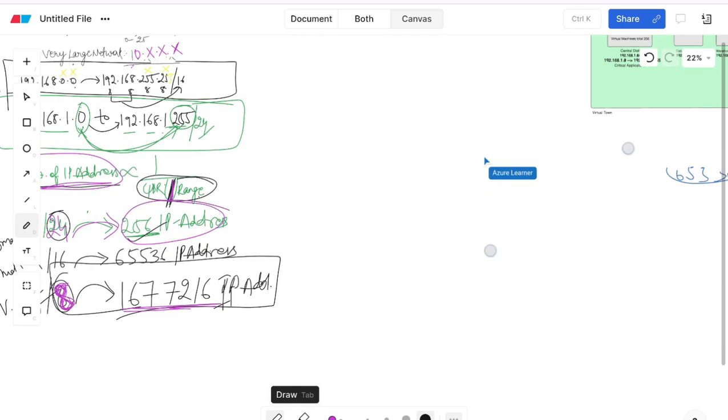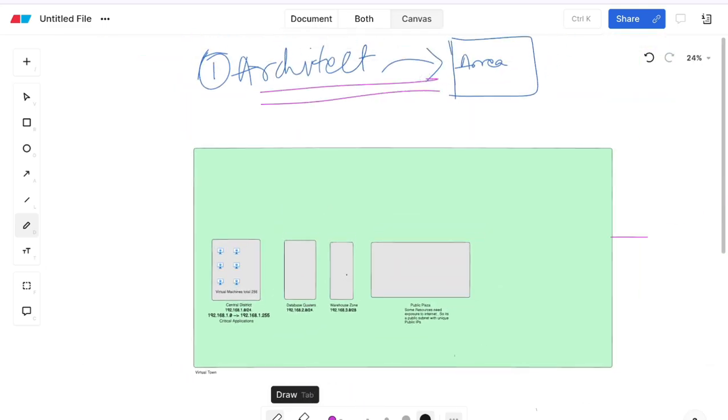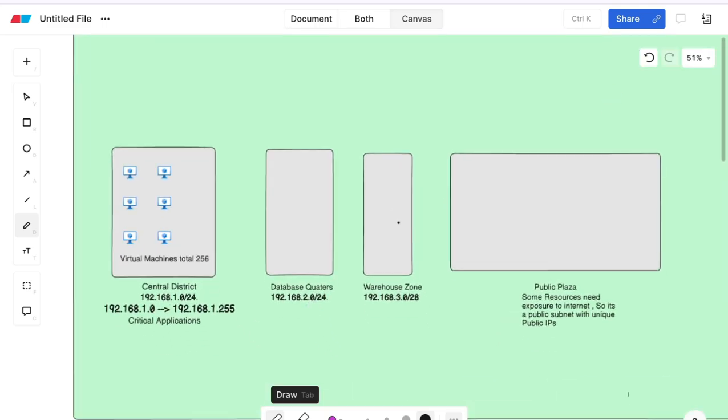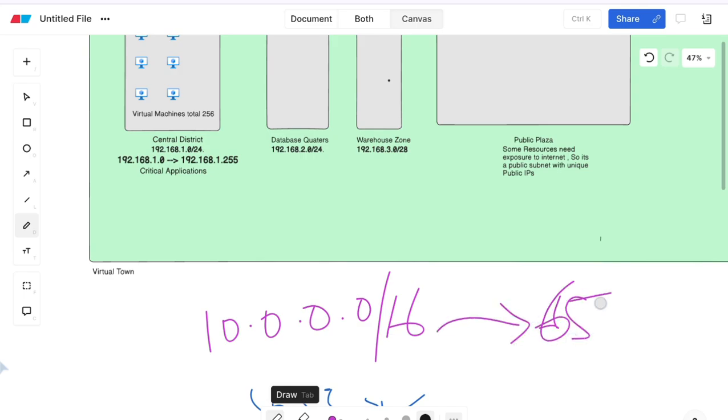We have also seen that there was an architect who was given a chance to set up one complete area or town. To set up a town, he created a central district. He gave the virtual town an IP range like 10.0.0.0/16. If 16, how many IP addresses will it contain? 65,536 IP addresses.